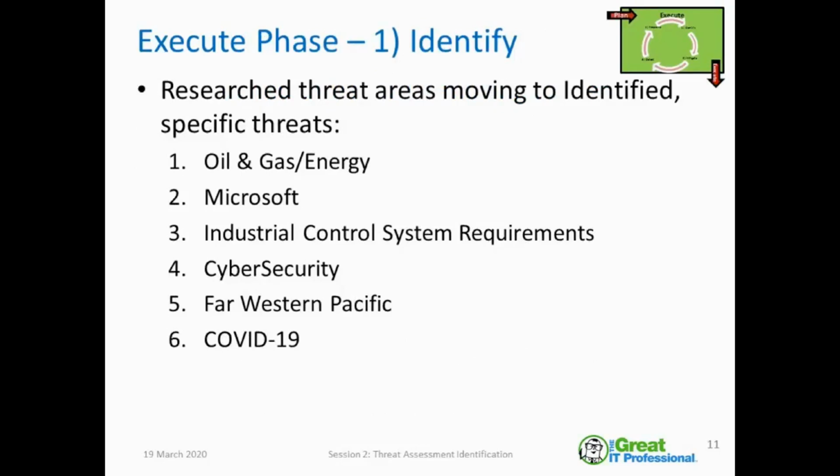COVID-19 was one that just came on our threat radar after I proposed this and had the presentations put together. So threat is a real-time living thing, and COVID-19 was something we had to adjust to as we went through these processes.